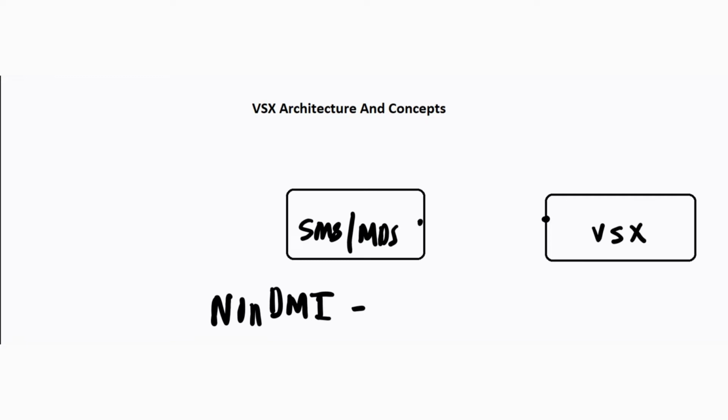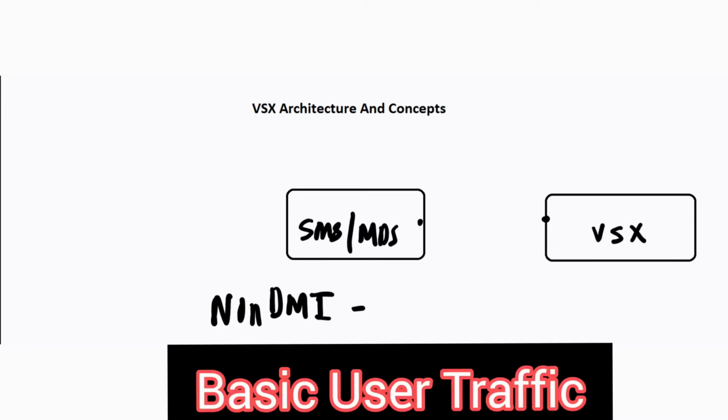You won't be able to reverse it. But one can use non-DMI to share an internal or external interface which carries the basic traffic for the users, other than the management traffic.